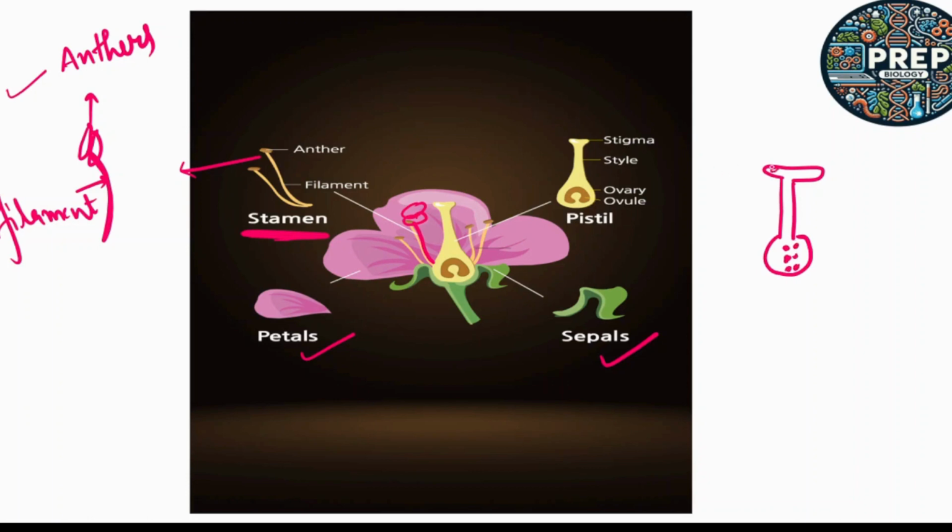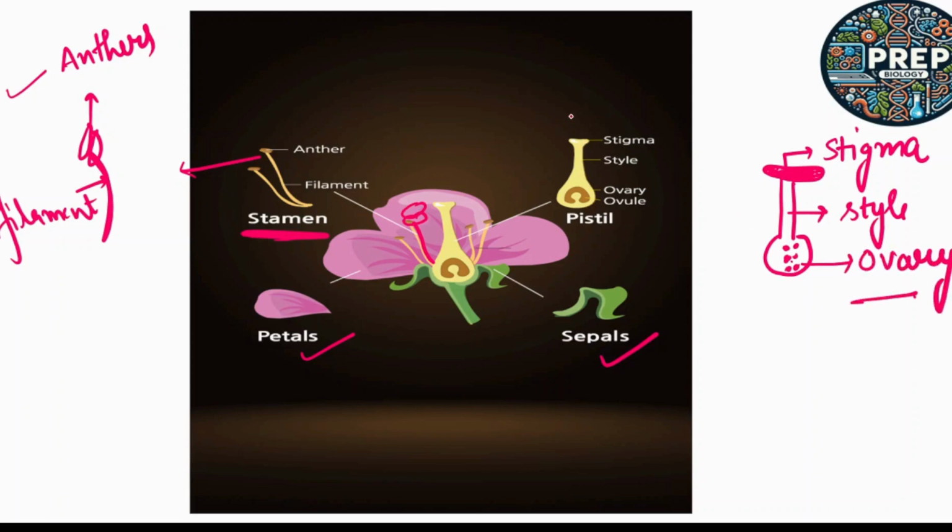Now, the uppermost part is called the stigma. The part that joins stigma and ovary is called the style. And the globular part is called the ovary. This is the female reproductive structure.